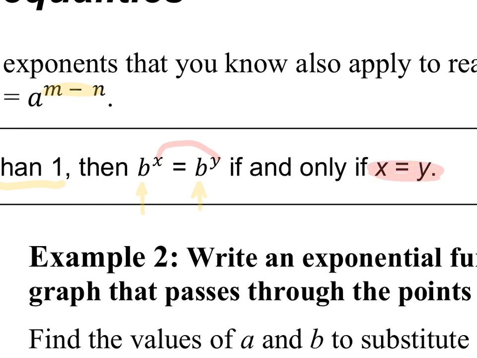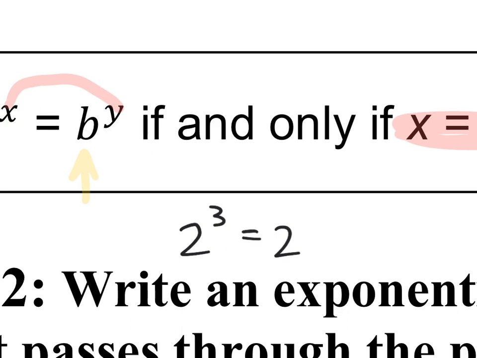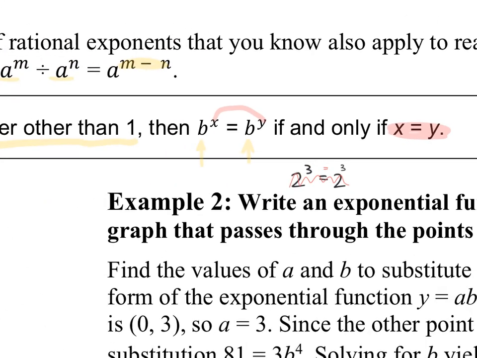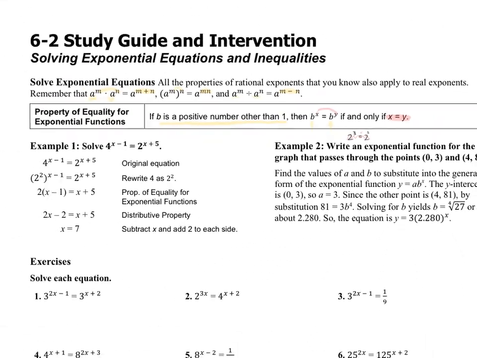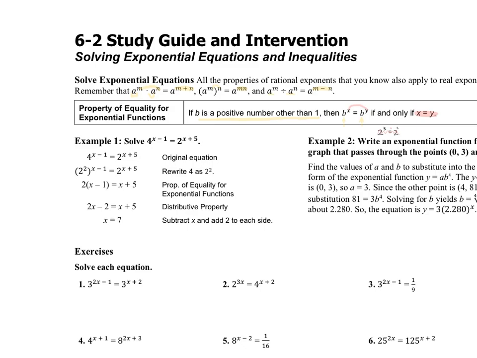This should make sense, because if I said 2 to the third power is equal to 2 to some power, the only thing that this exponent could be to make it equal is another 3. So essentially we say if your bases are equal, we can focus in on the exponents only and set them equal. That's what we're going to need to use to solve this.